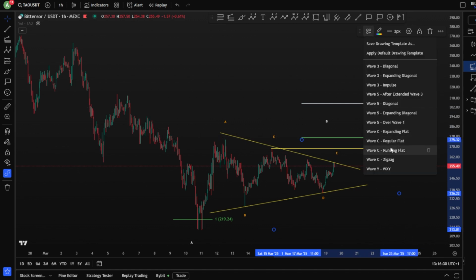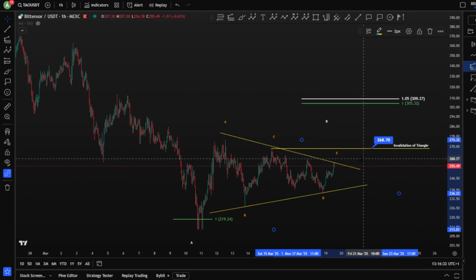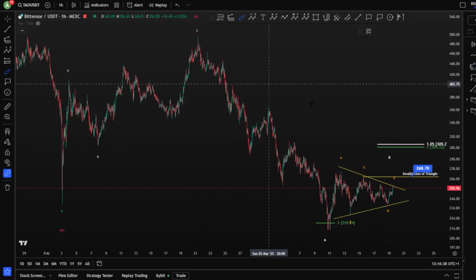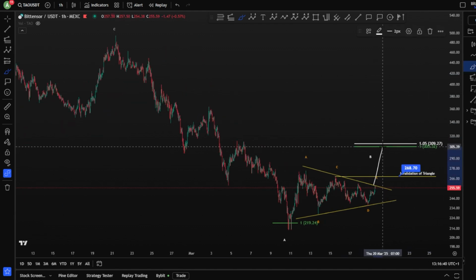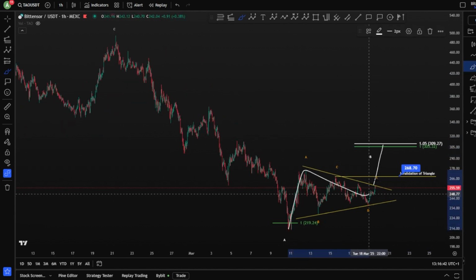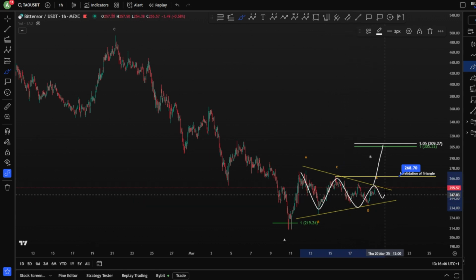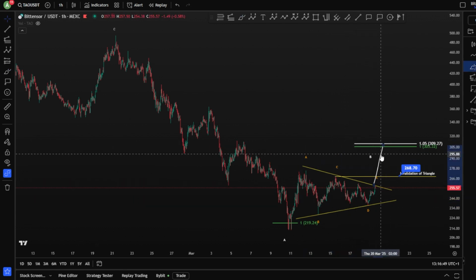Wave C, not running flat, regular flat. Here we go. So I would say a much more bullish scenario would be the following: hitting the 1-to-1 fib level, meaning A, B, and a C, in case your wave B is this triangle here. So it might unfold a triangle as wave B and then wave C toward the upside.